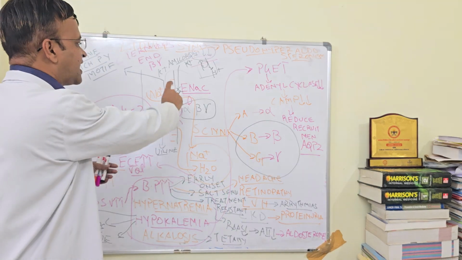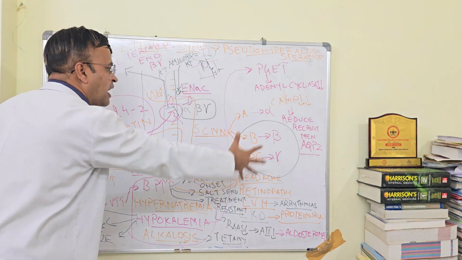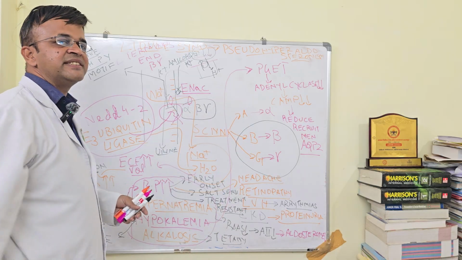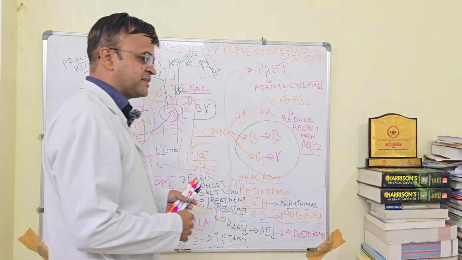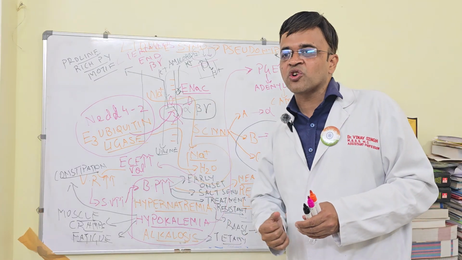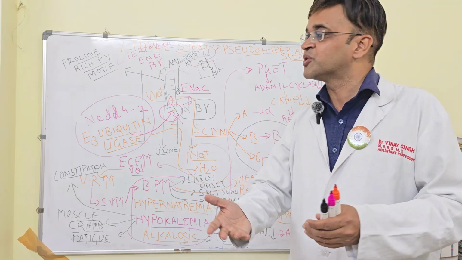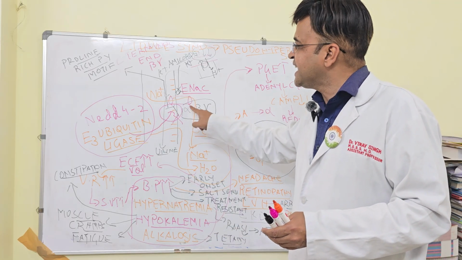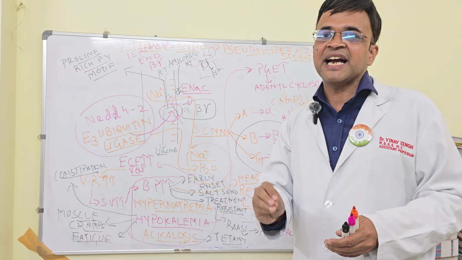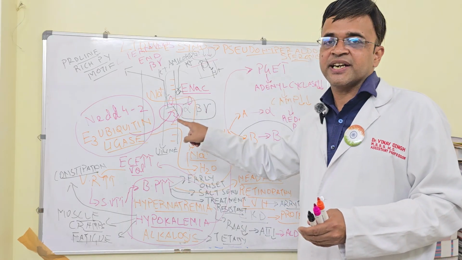So many things. It starts with one simple ion channel and you get a whole plethora of clinical signs and symptoms, right? So let's sum it up. What exactly goes wrong in Liddle syndrome or pseudo hyperaldosteronism? The ENaC channels get a gain of function mutation, right?